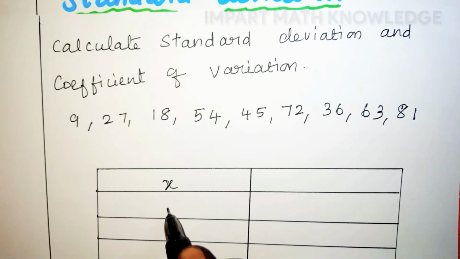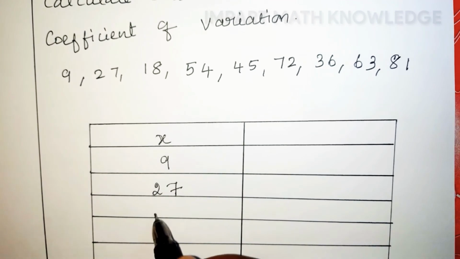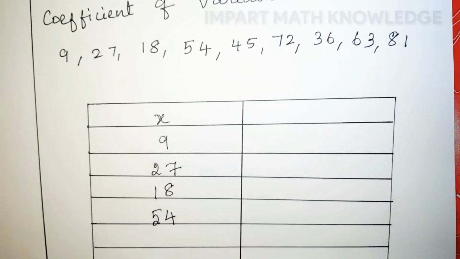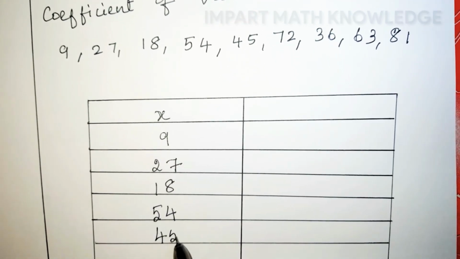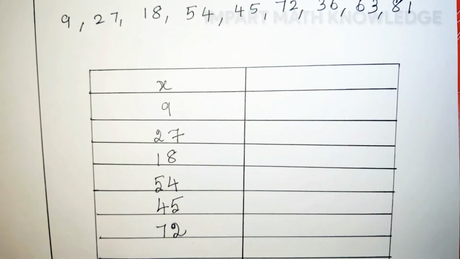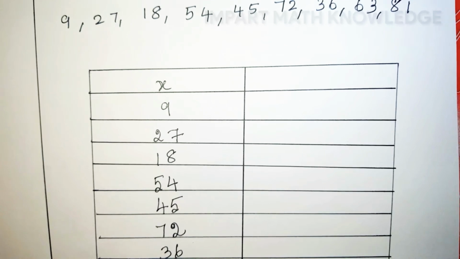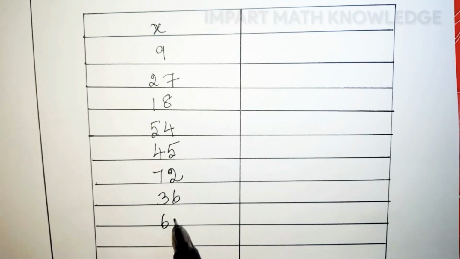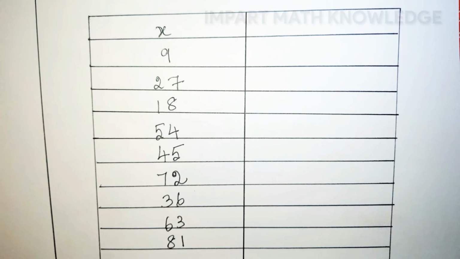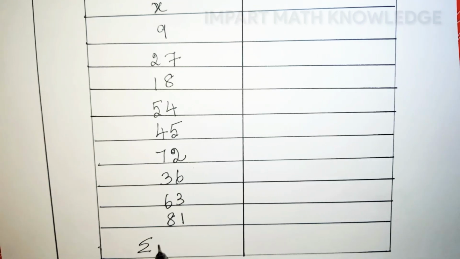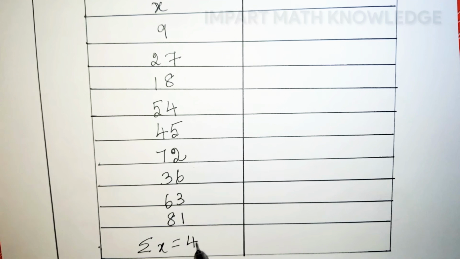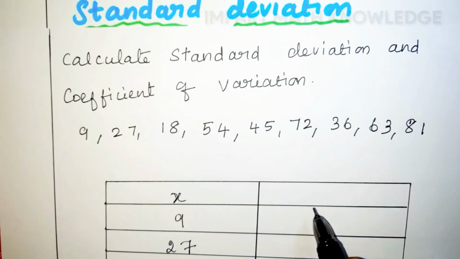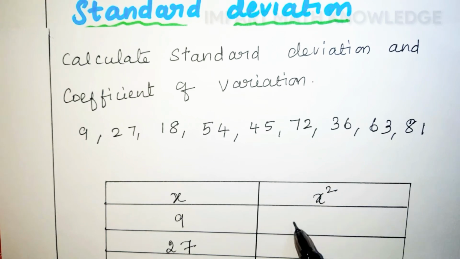Let me write the values: 9, 27, 18, 54, 45, 72, 36, 63, 81. Summation x is equal to 405. Next one, x square.